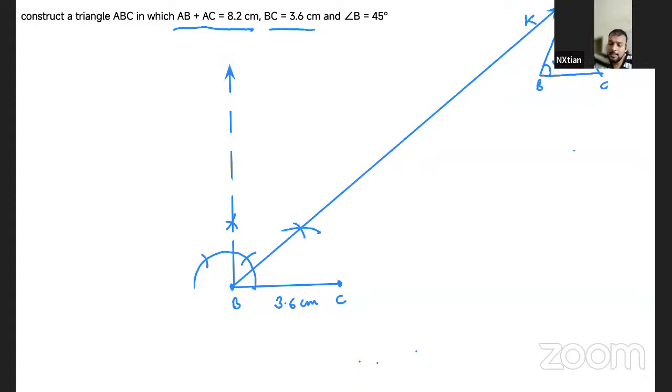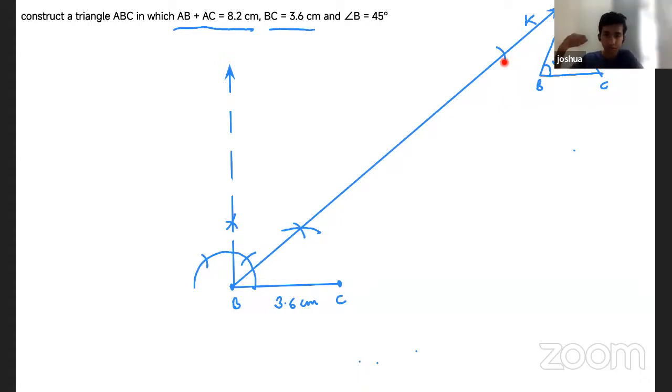And then cut an arc on this BK line like this. Joshua, did you understand? Like this is your ruler, so from that you have to measure 8.2, and then put the tip of the compass on B, and then cut an arc like this.